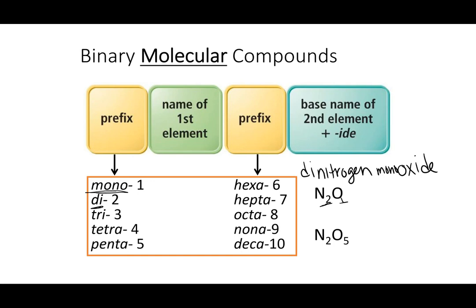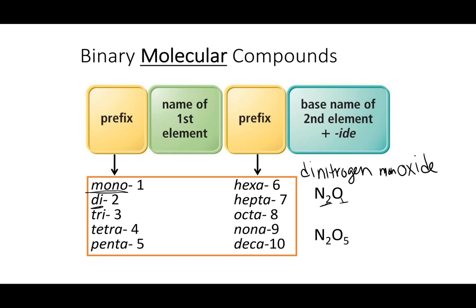We don't typically say monooxide. What do we typically say? Yeah, we typically say monoxide. So if you write monooxide, Pearson might kick it back as a spelling error. We typically would just say monoxide. So the name of this is dinitrogen monoxide.